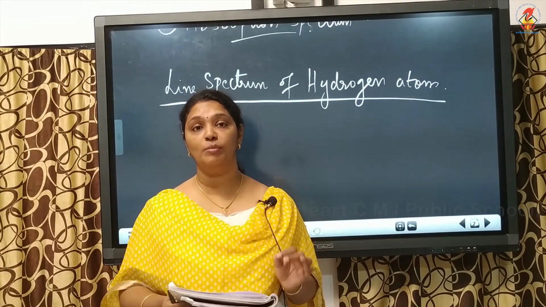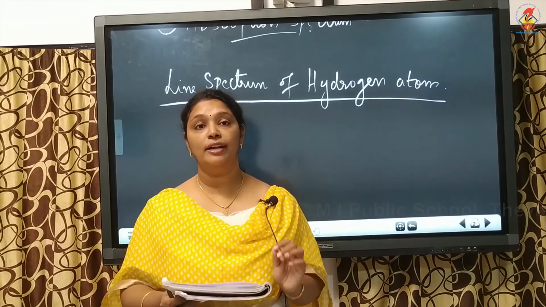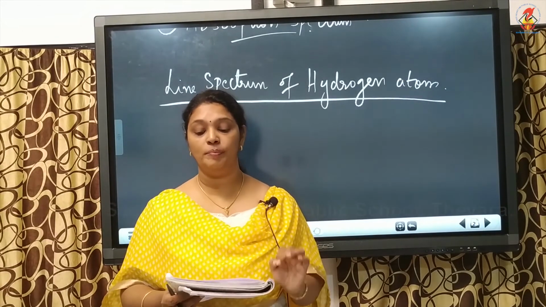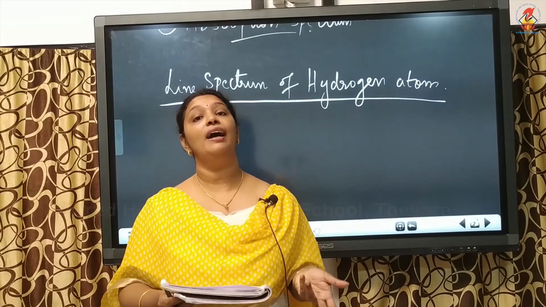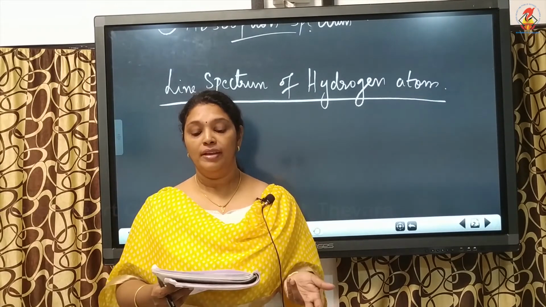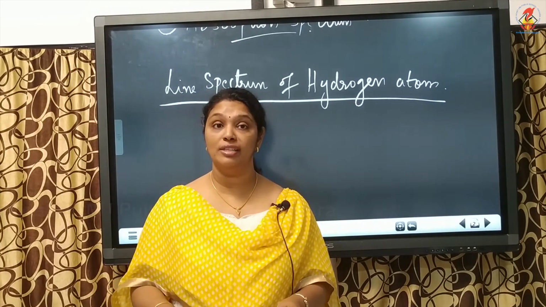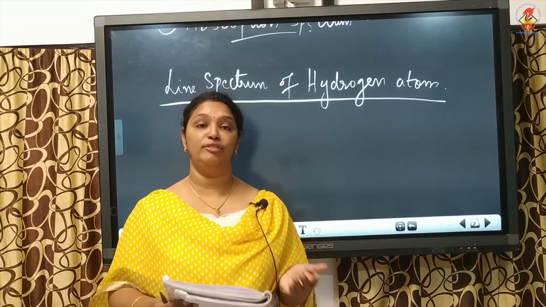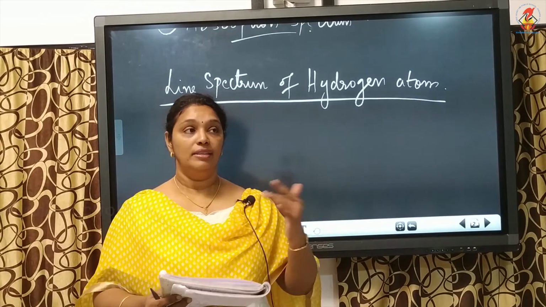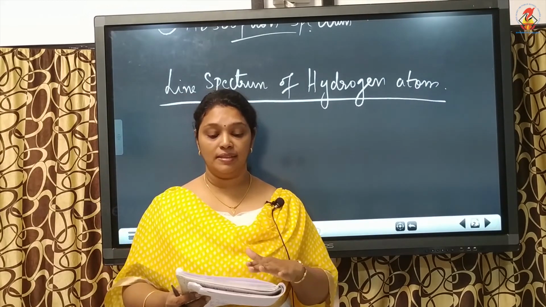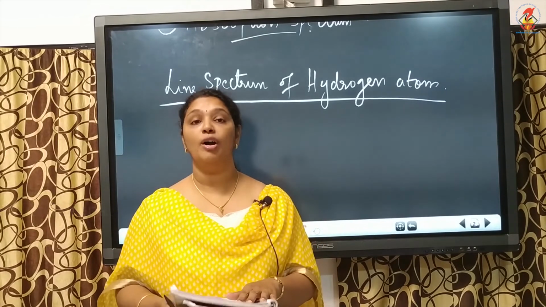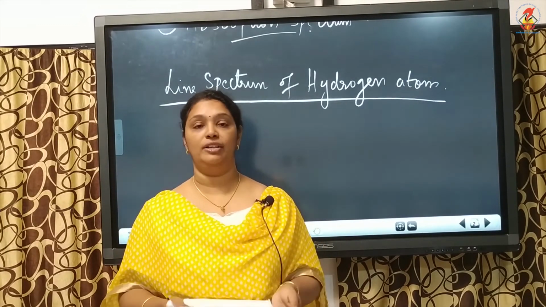When I say hydrogen molecule, it is H2. Hydrogen molecule dissociates to produce excited hydrogen atoms, which emit radiations of definite wavelength and frequency. And the spectrum obtained is called emission spectrum or atomic spectrum of hydrogen.